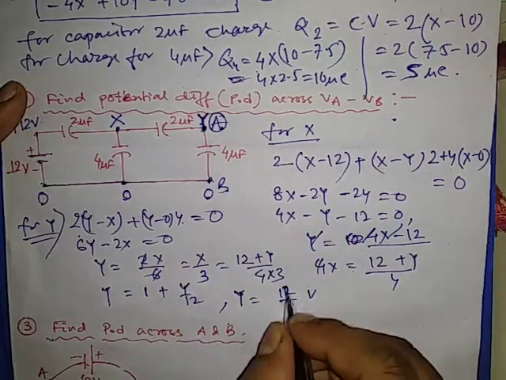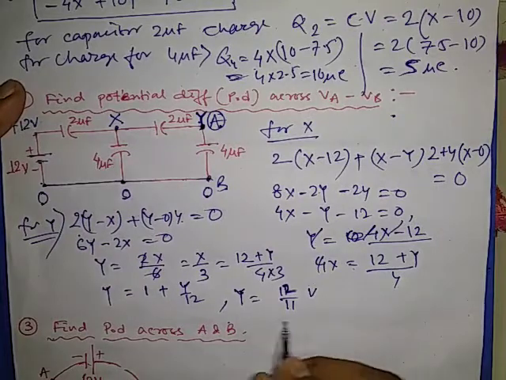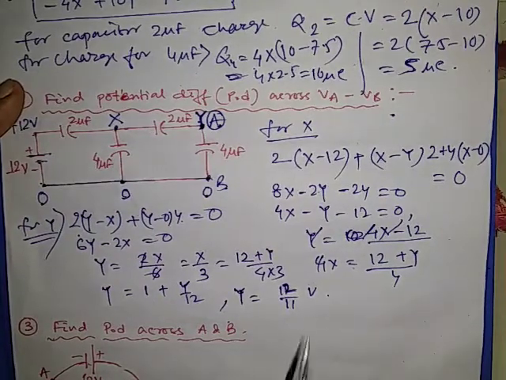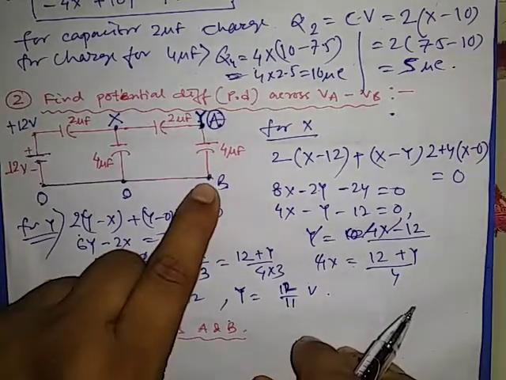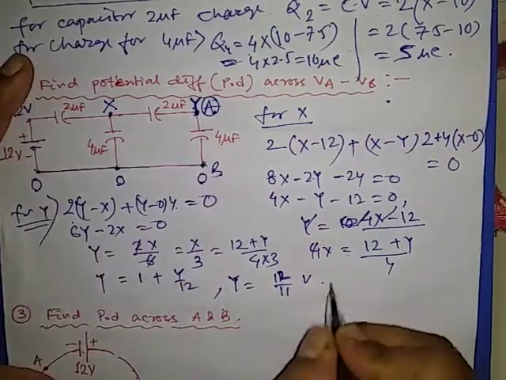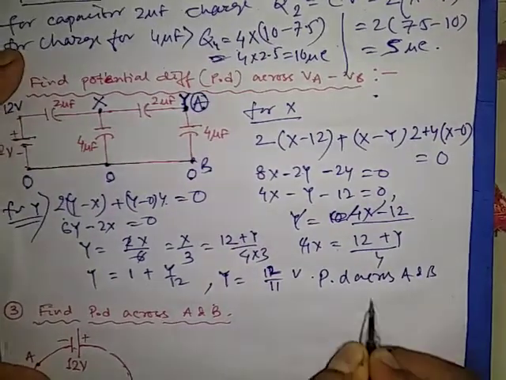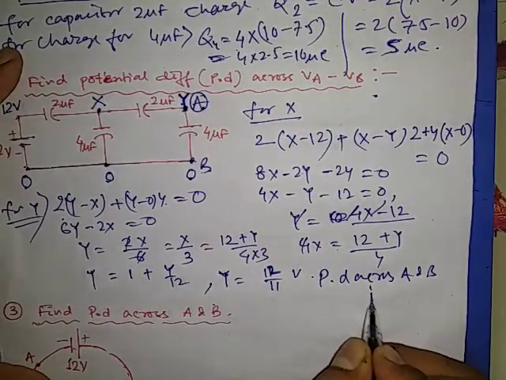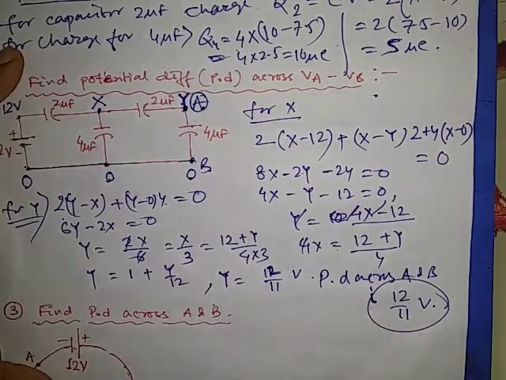So inverse it, so y equal to 12 by 11. So it means the potential at point A, you are getting 12 by 11, and you know potential at B is 0. So the potential PD across A and B will be 12 by 11 volt. Right, this is your answer.